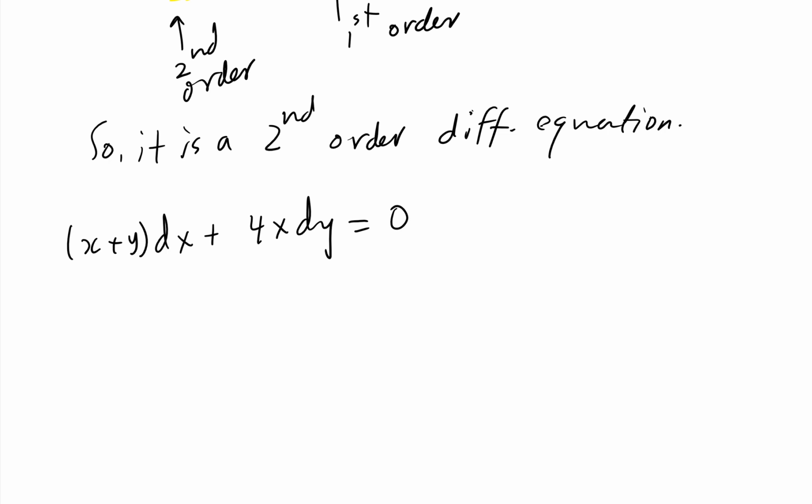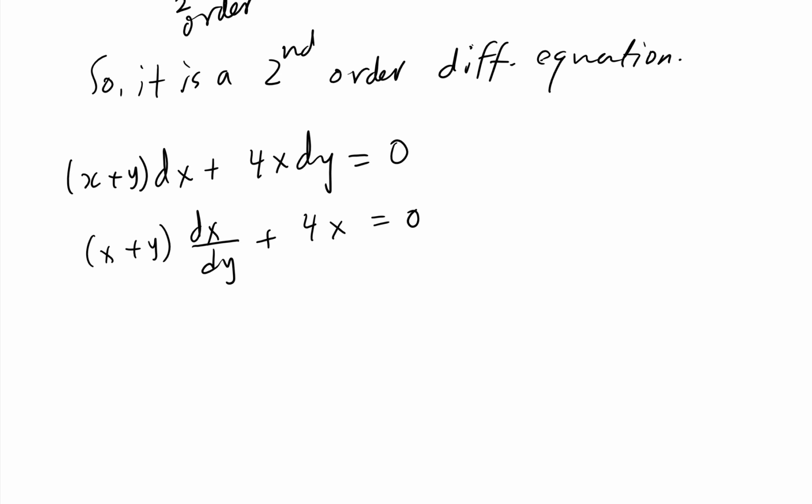This can be rewritten as (x plus y) dx/dy plus 4x equals 0. It's kind of like we divide everything by dy, and that's how I got this. This is a first order differential equation.